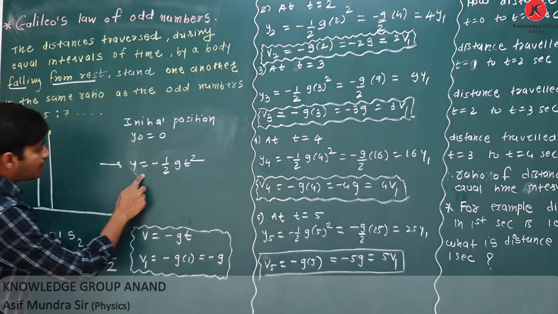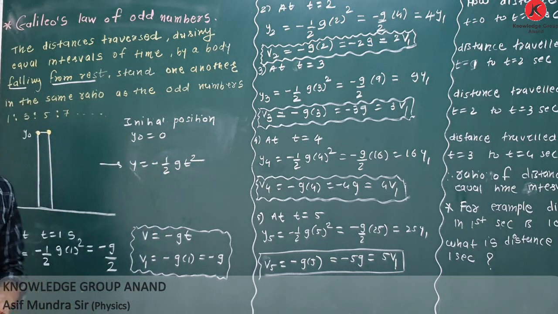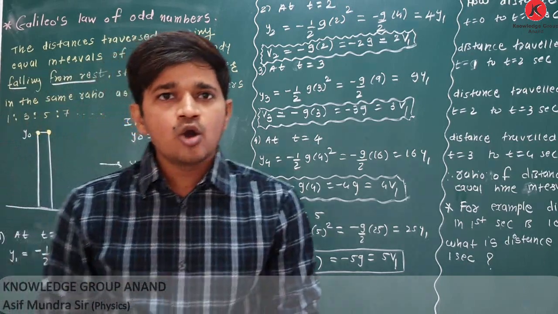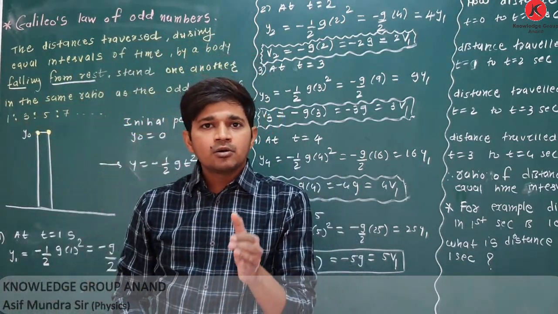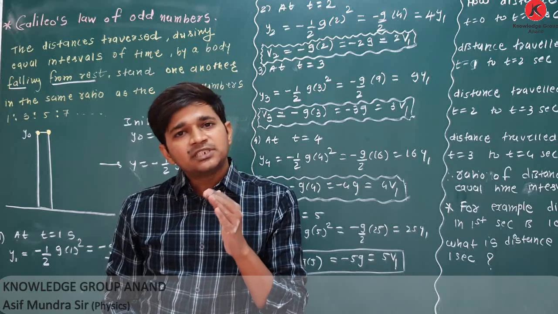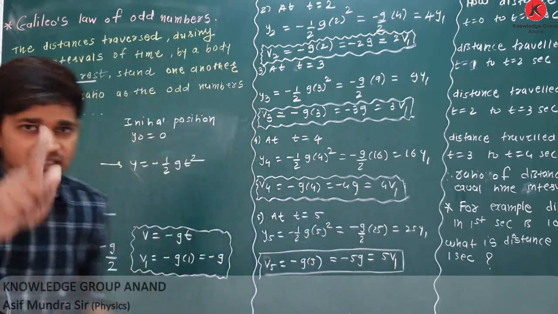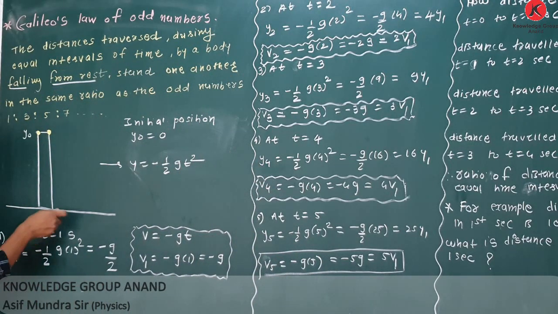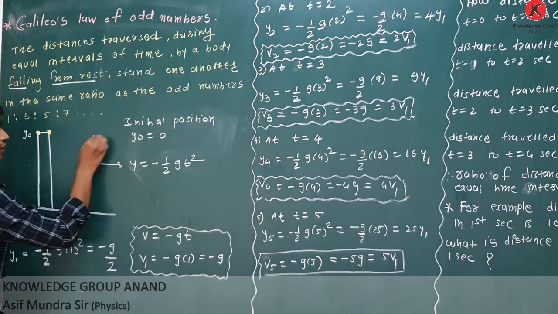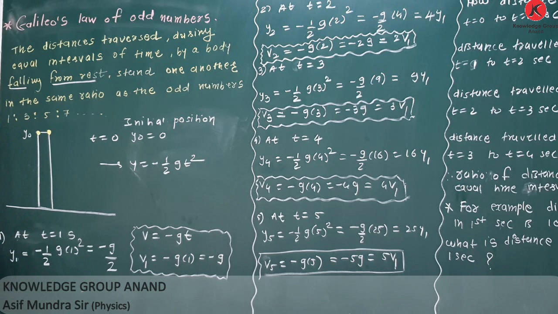Now we will find the position of the object after each and every second. At time t equal to 0, its position is y0 equal to 0.